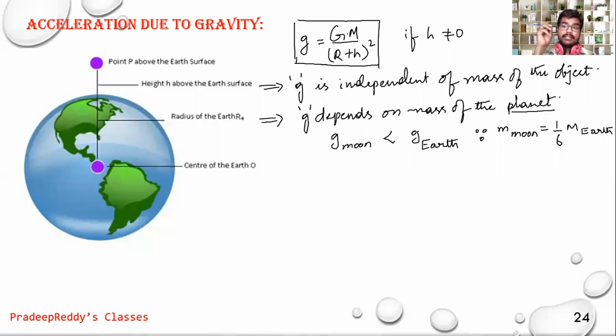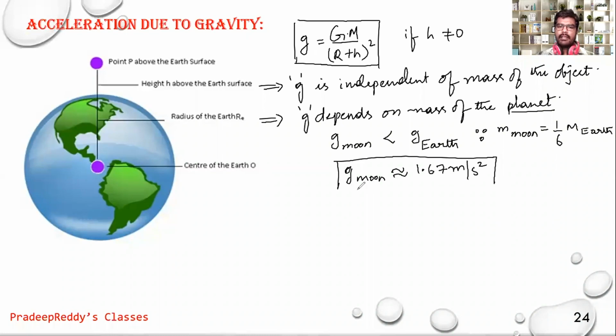Mass of the moon is 6 times less than mass of the earth. That is the reason why acceleration due to gravity on the moon is 6 times less than on the earth, nearly equal to 1.67 meter per second square. This is the value of acceleration due to gravity on the moon.